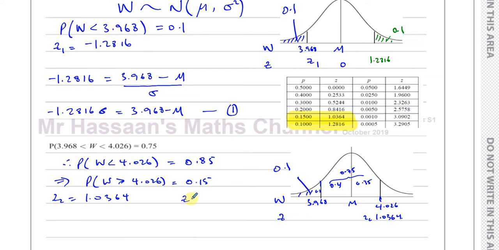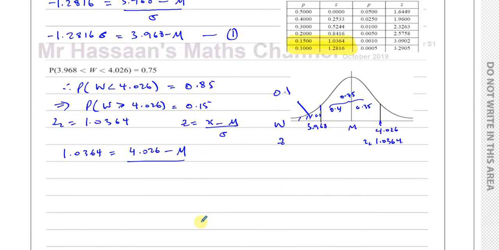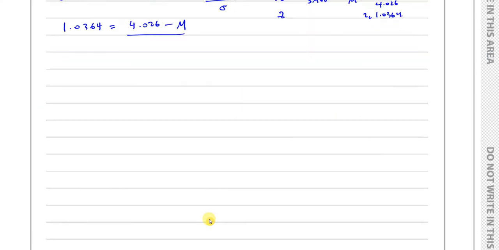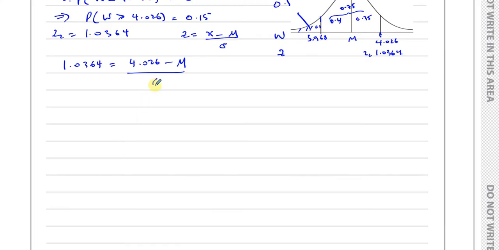So now we can come up with another equation, just like we did before, using the standardized scores. Remember that Z is equal to X minus the mean over the standard deviation. So we can say 1.0364 is equal to the score, which we know is 4.026, minus the mean, which we have to find, over the standard deviation, which we also have to find.